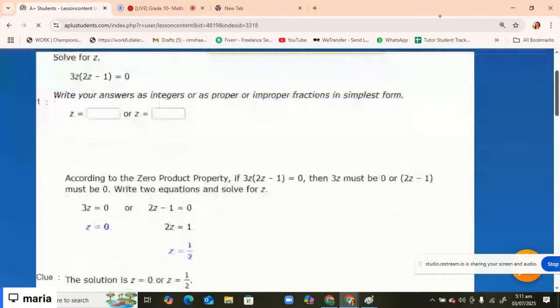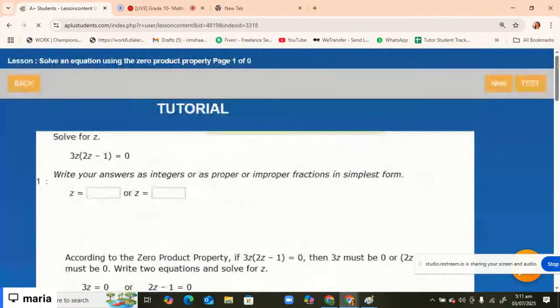So how to find this one? 3z(2z − 1) is equals to 0.